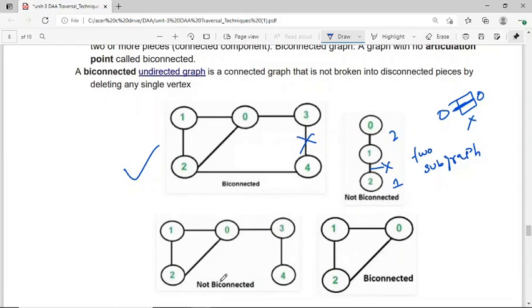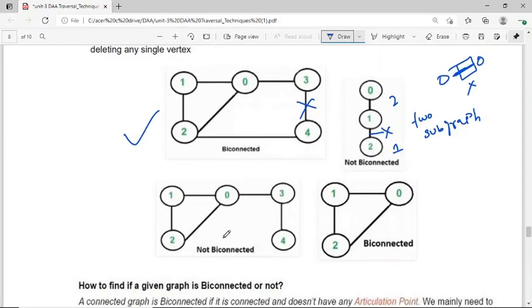Why is it not biconnected? Here, if I remove this example, 1 2 0 3 4, yes, okay, no problem. But if you come to here, if I remove this edge, then what will happen?